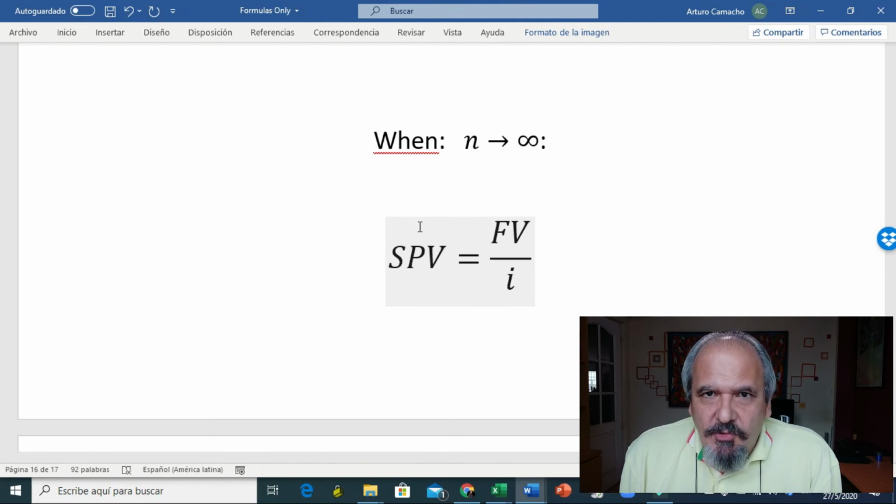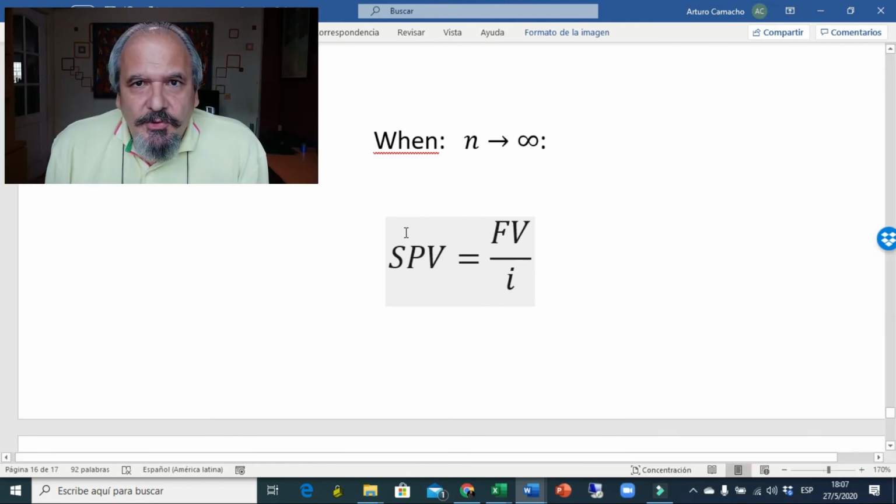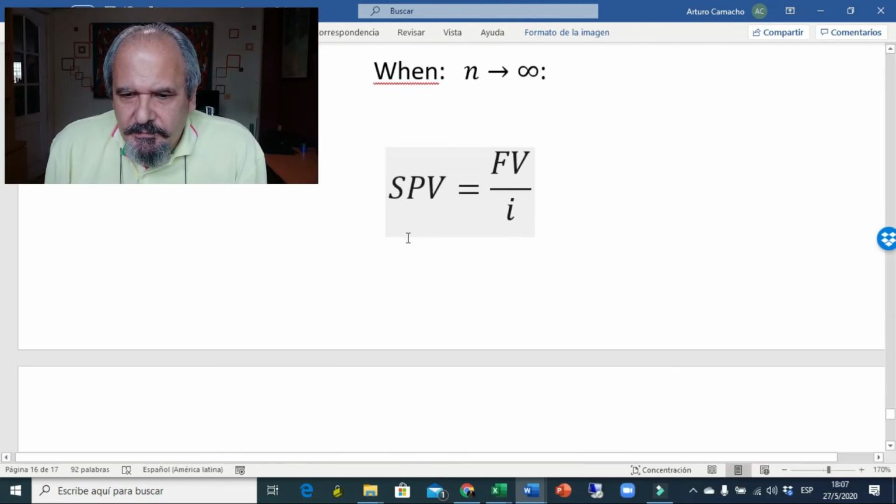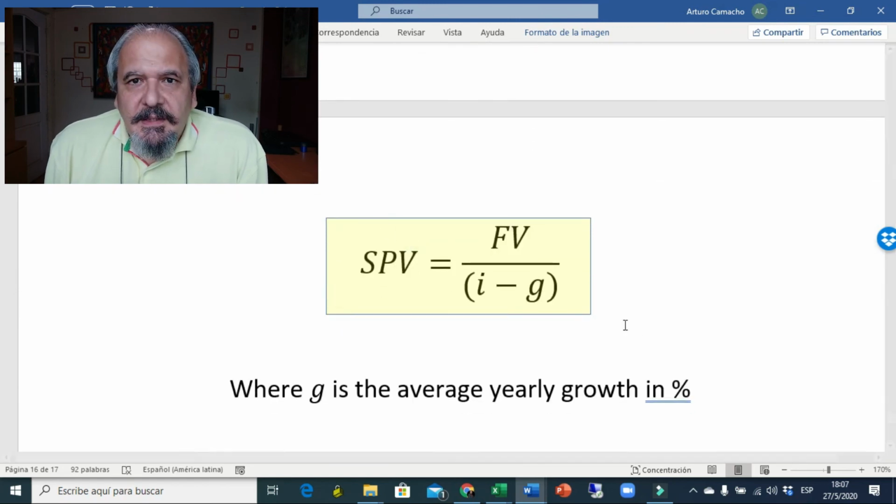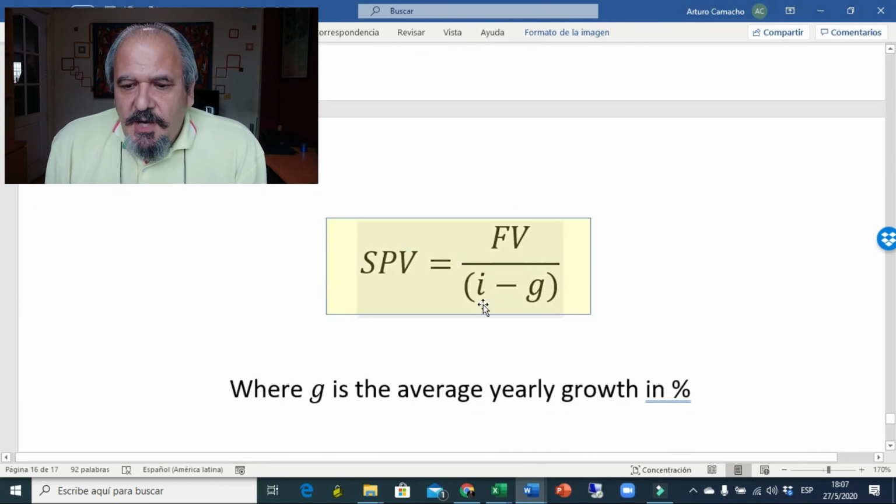Let's call it G, growth. Well, in that case, your perpetuity formula is this one. It's the same one, but you have to subtract the growth from the interest rate or the discount rate you are discounting your cash flows.